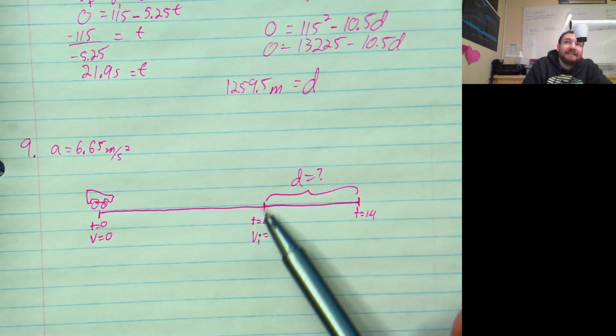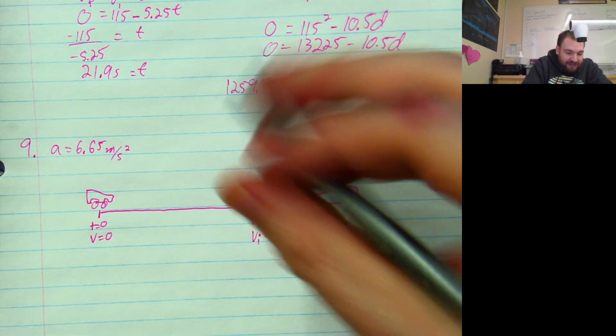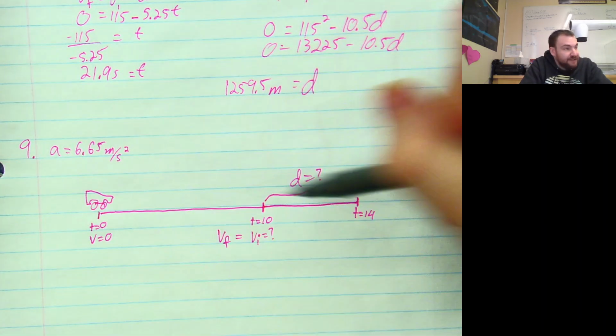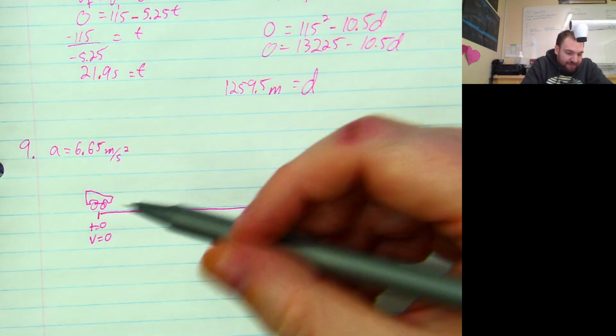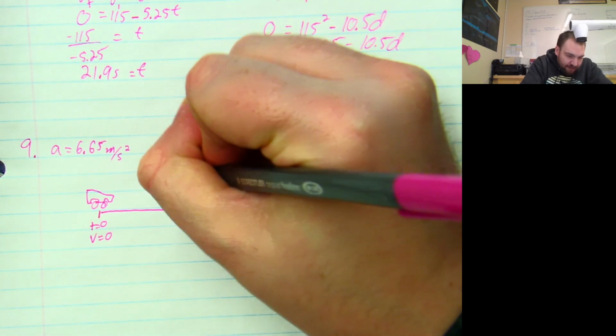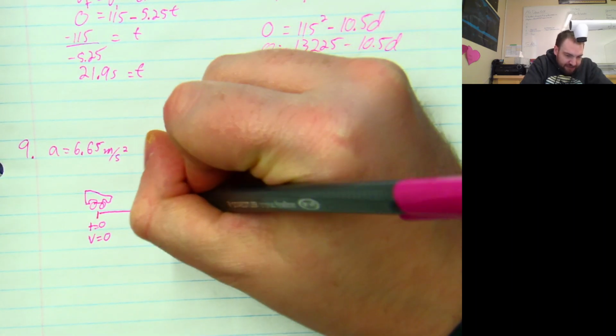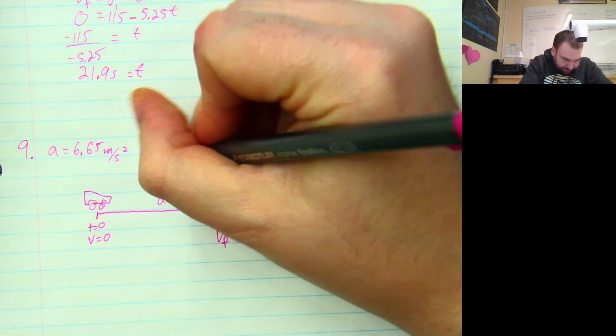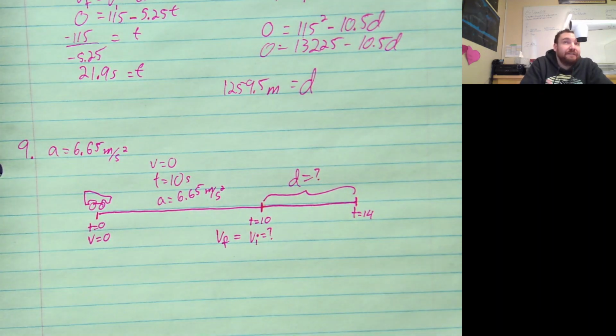Because the VI at 10 seconds, we could say, is the V final for the first 10 seconds, right? So for this chunk here, if t equals 10 seconds, the acceleration is 6.65 meters per second squared, and my VI is equal to 0, I can find VF.